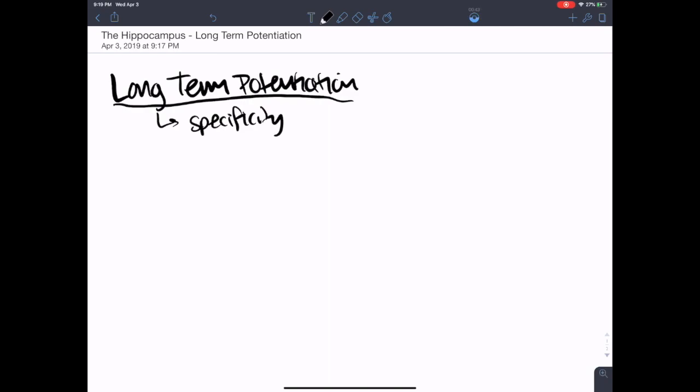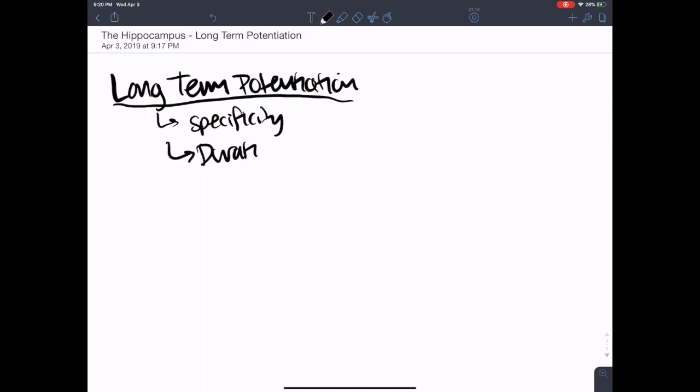What he wants you to get from this is that these synapses that perform long-term potentiation, or that have long-term potentiation type characteristics, have specific features. They have specific receptors that allow them to do this, right? And there's probably different types of long-term potentiation that exist in different parts of the brain or different parts of the hippocampus, but specificity is referring to the fact that you need certain things to do long-term potentiation.